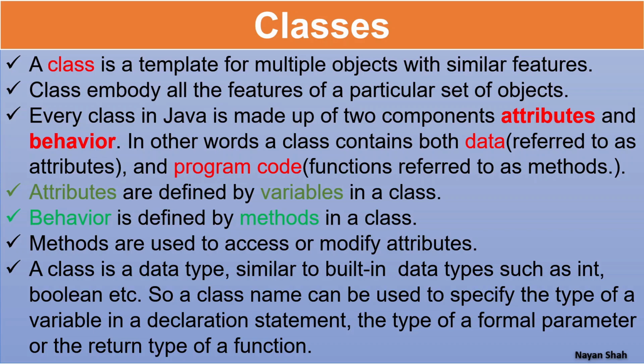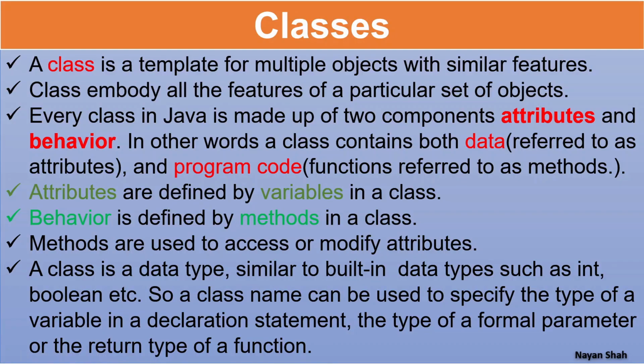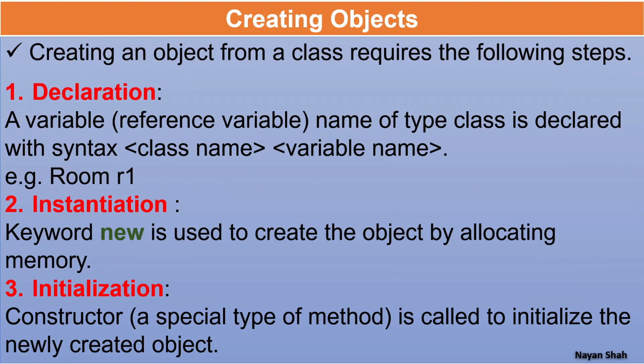And the return type, as you can see here, in public static void main, void is the return type. But we'll see the return type exactly in the next program. And what you write within the brackets is called formal parameters. So the class which we define can be used to specify a formal parameter, and it can also be used to specify the return type of a function.